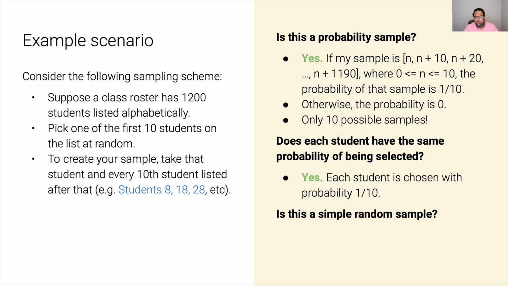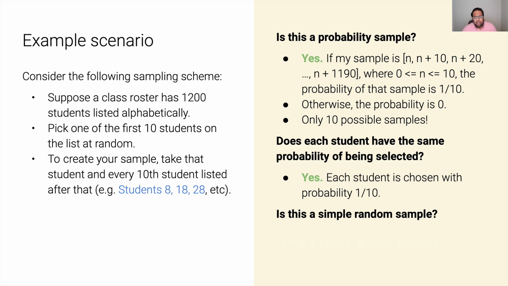And again, the reason it's 1/10 is because we are choosing one of the first 10 students on the list uniformly at random. Now, the last question: is this a simple random sample? And now this is the tricky one. Part of the condition for a simple random sample is that every individual needs to have the same chance of being chosen, but that's not the only condition. We also need it to be true that every pair of students has the same chance of being chosen, and every group of 3 students has the same chance of being chosen.